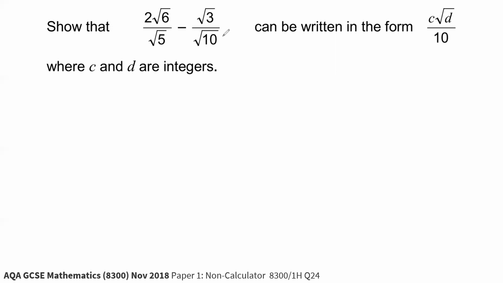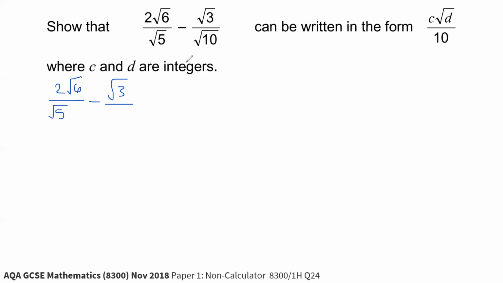So in order to do that, let's see if we can simplify out root 10. We've got 2 root 6 over root 5 minus root 3 over root 10. Now, if you remember with surds, you can separate out surds by finding 2 numbers that multiply to make them.